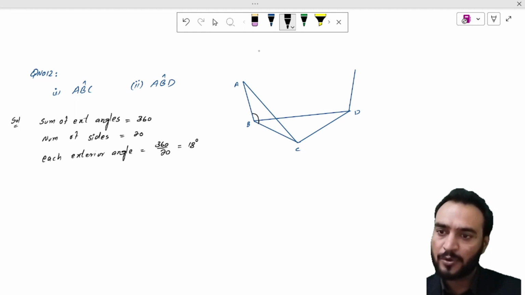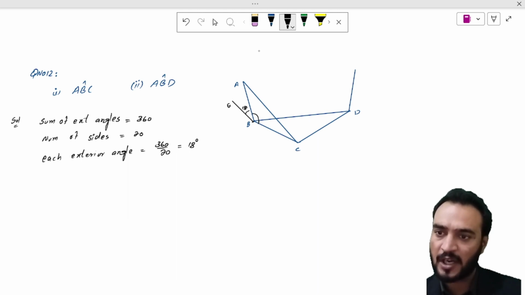So if we produce CB in this way, this becomes the exterior angle, which is equal to 18 degrees, and you can see the line produced from B toward E is a straight line.